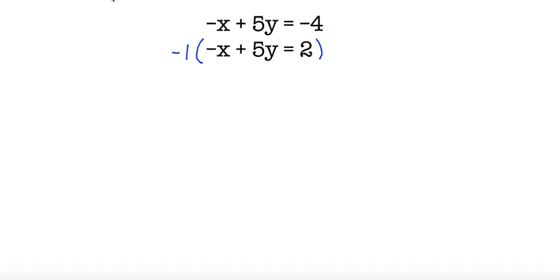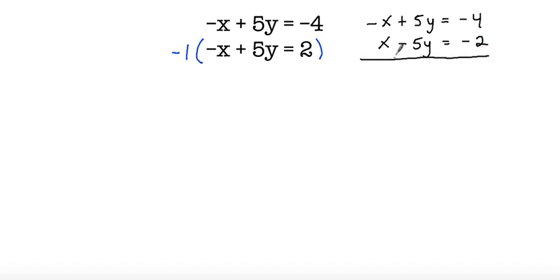So now our first equation is still negative x plus 5y is equal to negative 4. But now our second equation would be, negative 1 times negative 1 is positive 1x, and then negative 1 times 5y is negative 5y, and then negative 1 times 2 is negative 2. So now we have opposites.